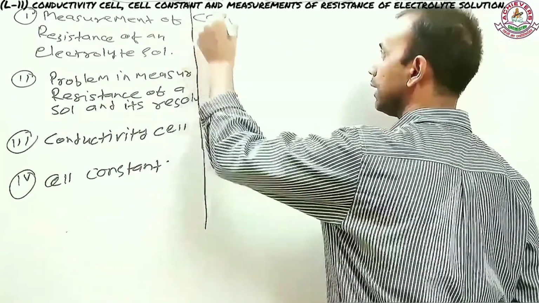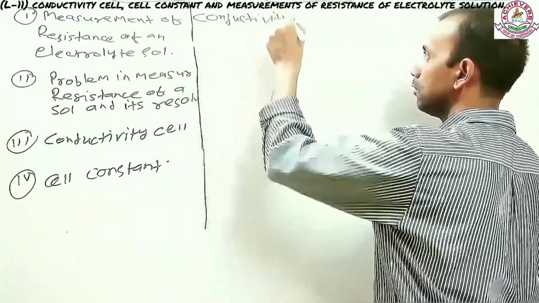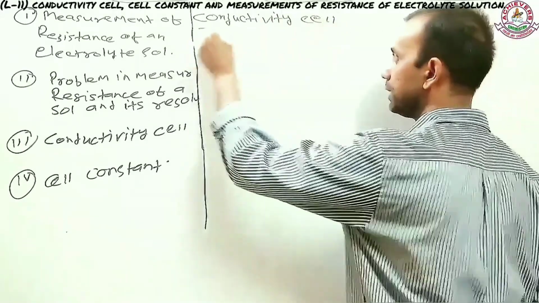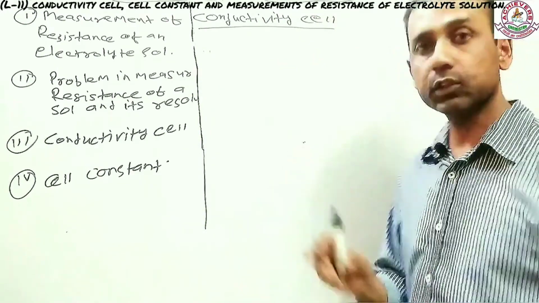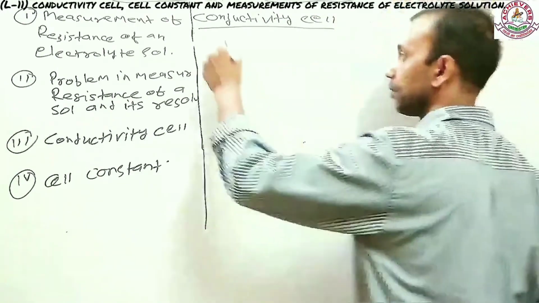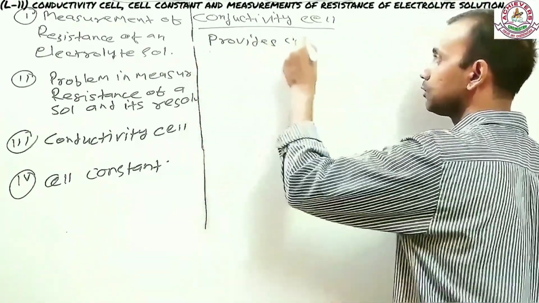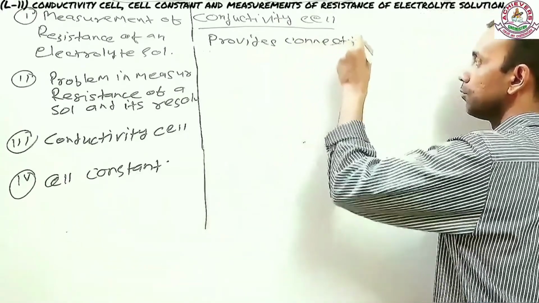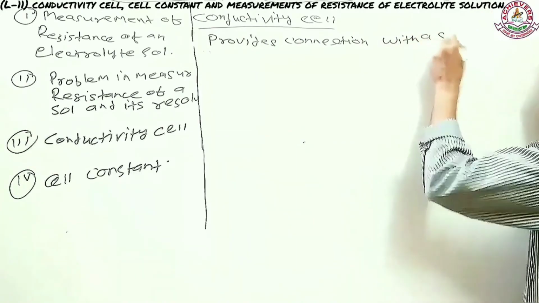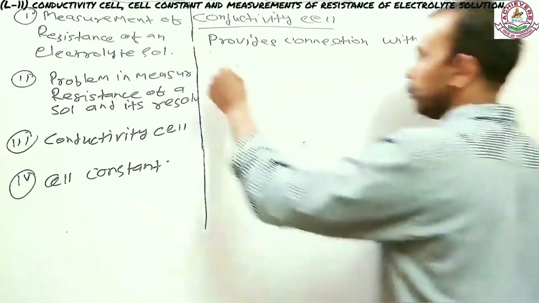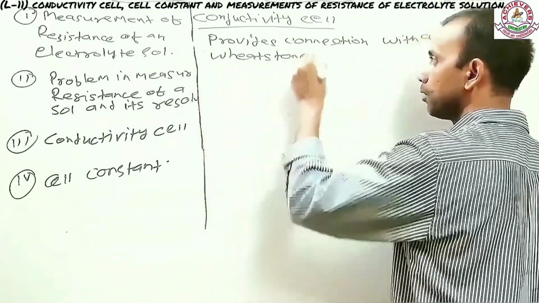We have now the conductivity cell. I've already told you the purpose of this instrument. The instrument provides a connection of the solution to the Wheatstone bridge.